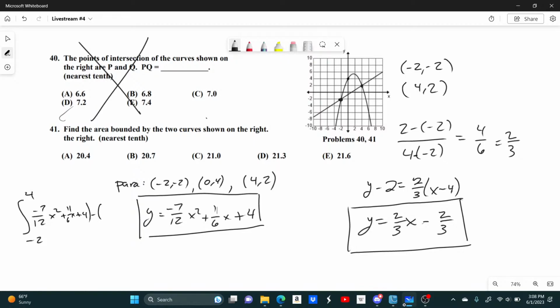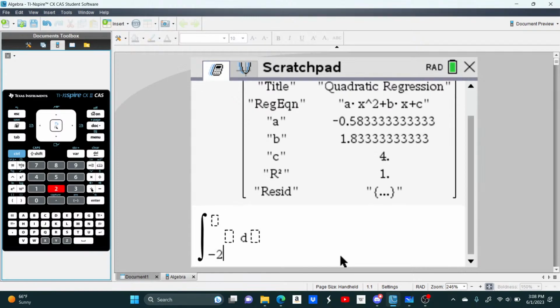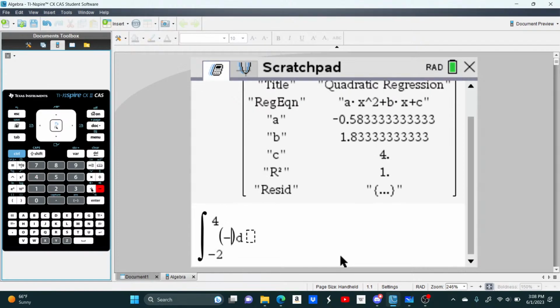And then subtract out the equation of the line, dx. Okay, I might have to go back and forth a little bit to figure this all the way out, but it's from -2 to 4. Here we go.